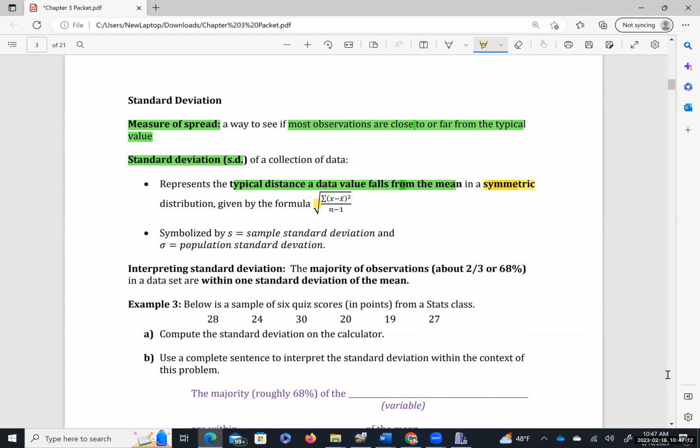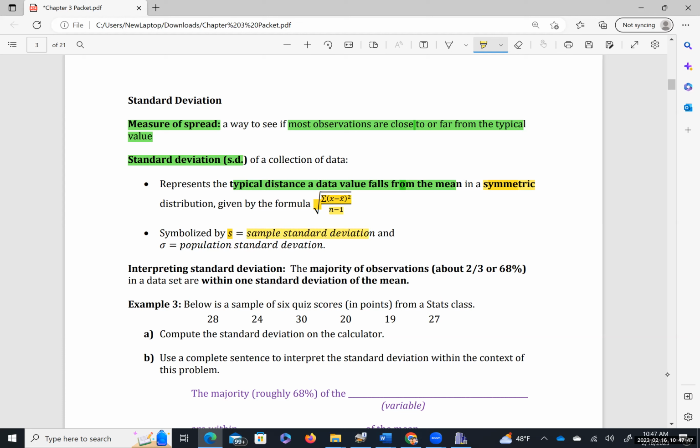And it can be calculated using the formula: square root of the sum of the values minus the sample mean, squared, and then divided by the sample size, or the number of data values, minus 1, right? The symbol used is S for sample standard deviation.